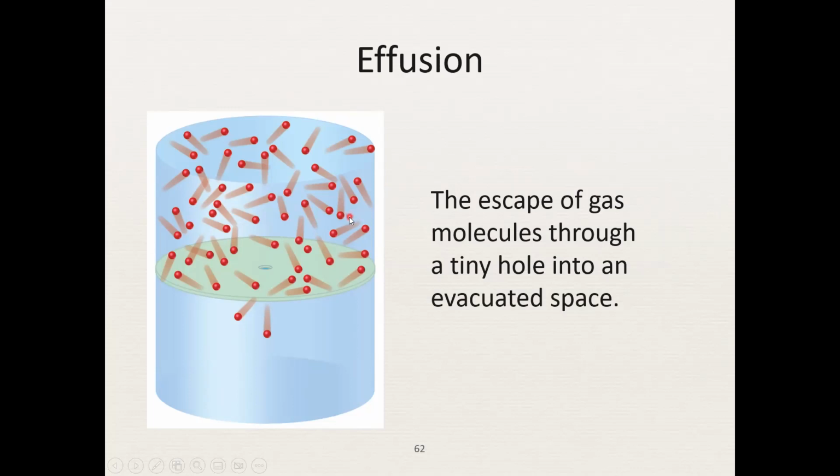So if you think about just a balloon, eventually over time it's going to go flat, it's going to get deflated, because what's going to be happening is the gas molecules on the inside are going to be moving around, constantly hitting the container wall. But every once in a while, they'll find a hole in that container. And then as you can see with these two at the bottom, they'll just escape from there. And then we'll see, depending on the size of those molecules, so based on the molar mass, we can determine the rate at which that's going to occur.